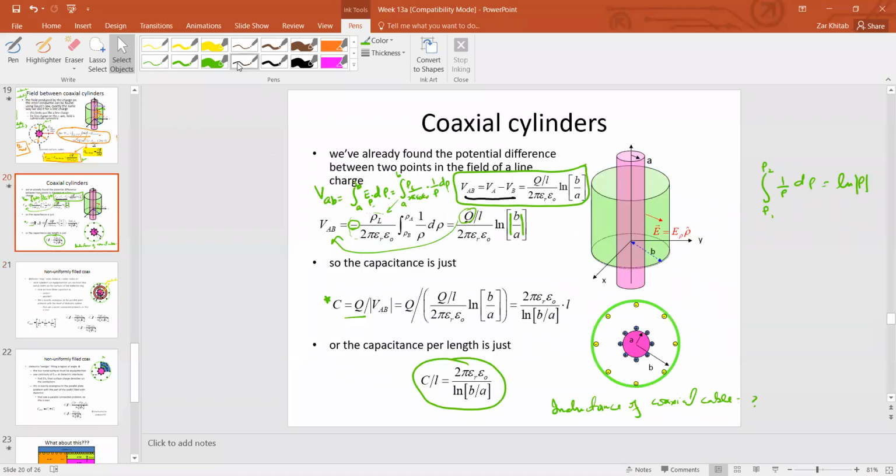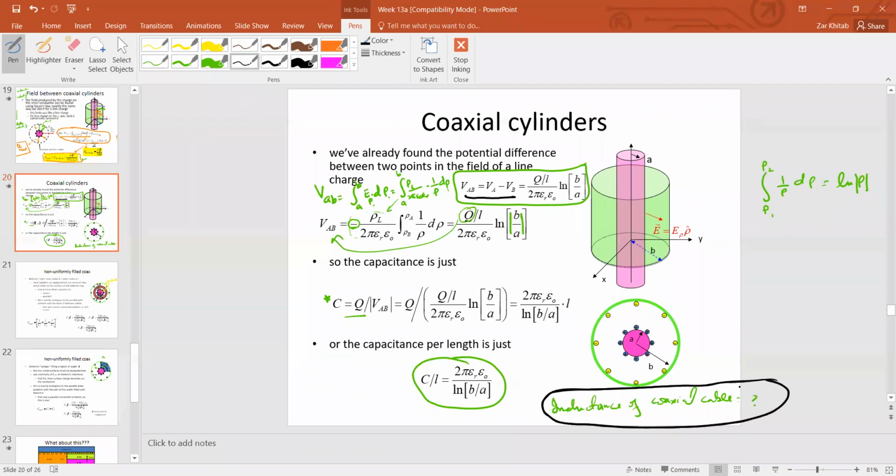Those bad effects we will discuss when we discuss the inductance of the coaxial cable. We will combine these two together later on and find some interesting phenomena. This coaxial cable is very important for us because it's everywhere in telecom.